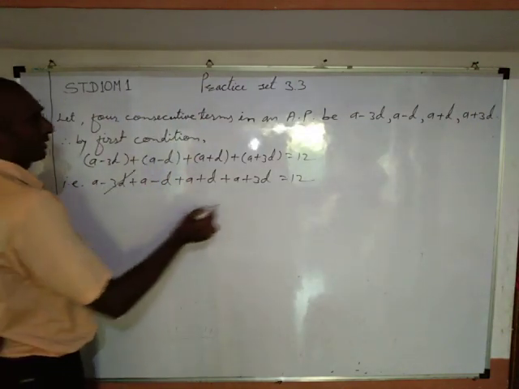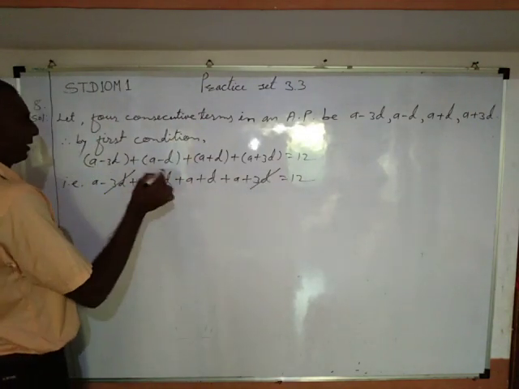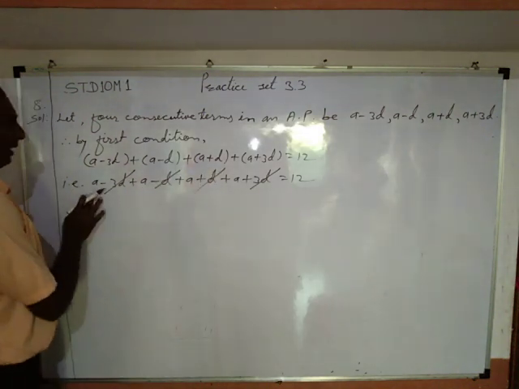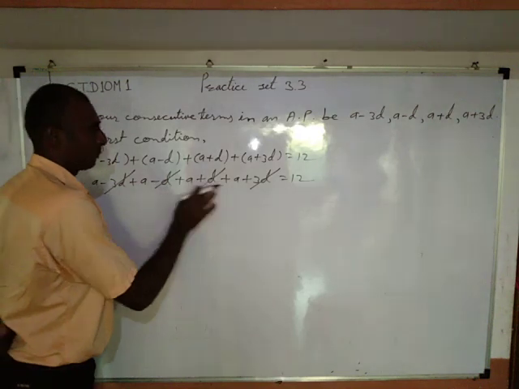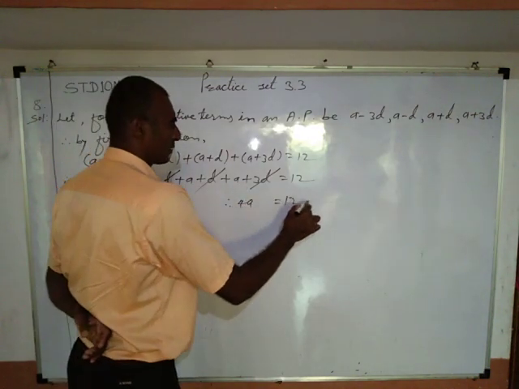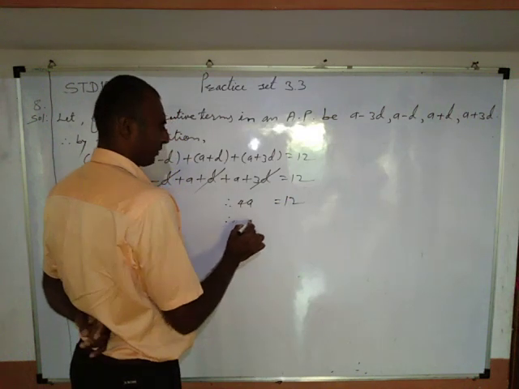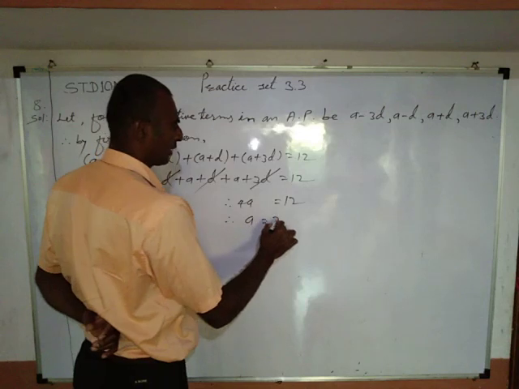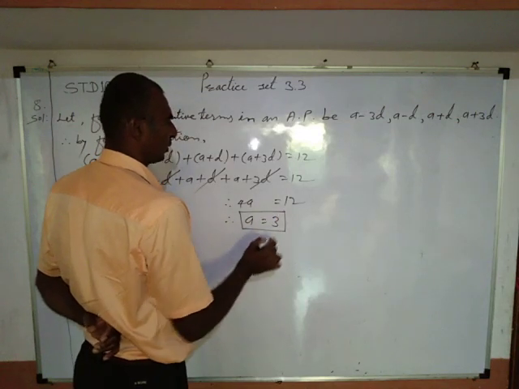Minus 3D will get cancelled with plus 3D. Minus D will cancel with plus D. A plus A plus A plus A gives us 4A equals 12, and therefore A equals 12 upon 4. 4 3s are 12. Therefore A equal to 3.